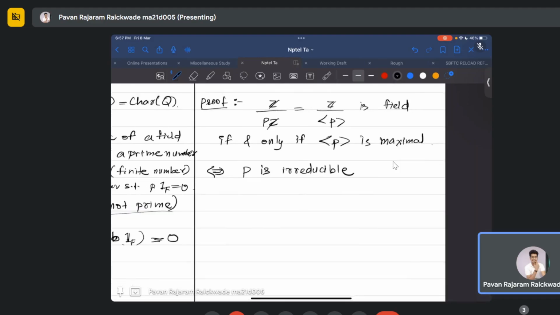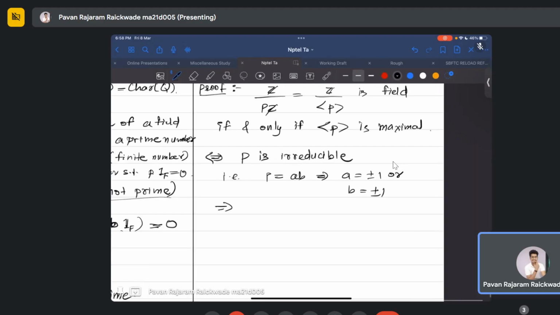But what this means is, if p equals ab implies a equals plus or minus 1 or b equals plus or minus 1, because those are the only units in the integers Z. So this implies p is a prime number. So p is irreducible if and only if p is a prime number.